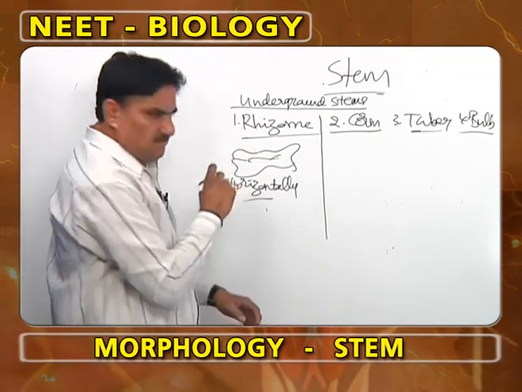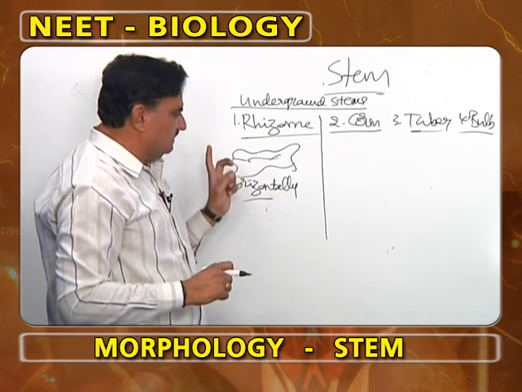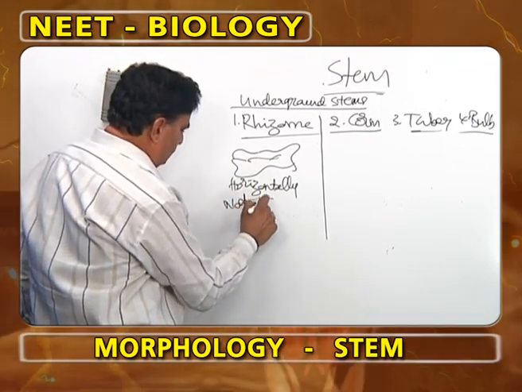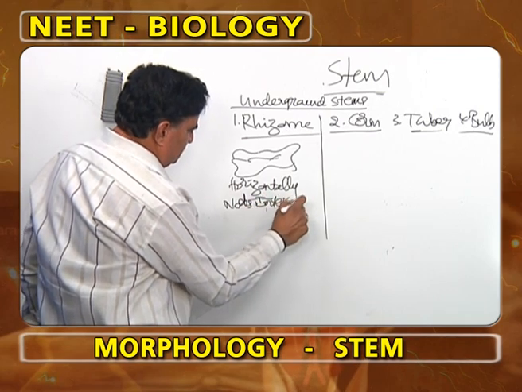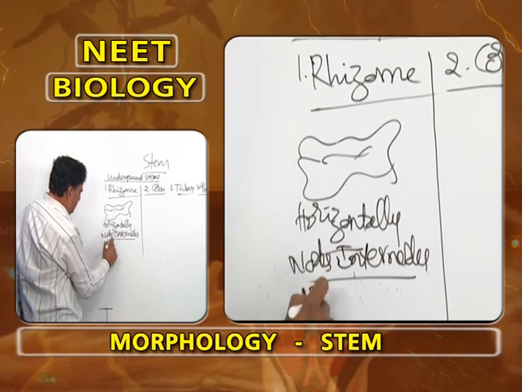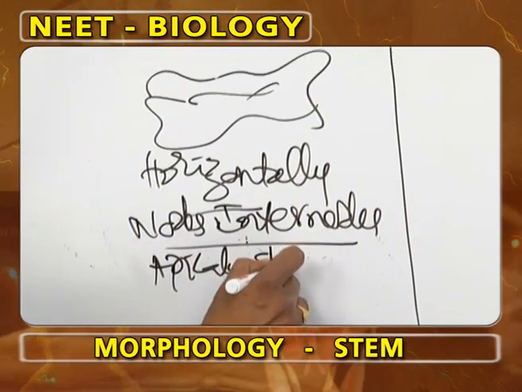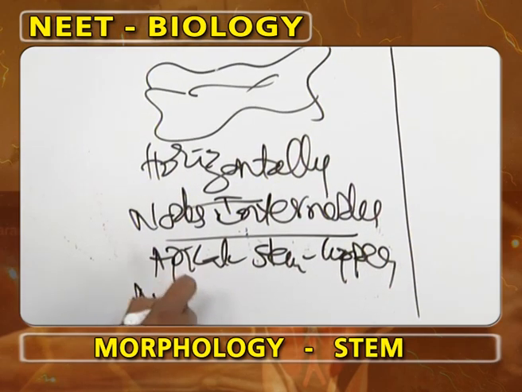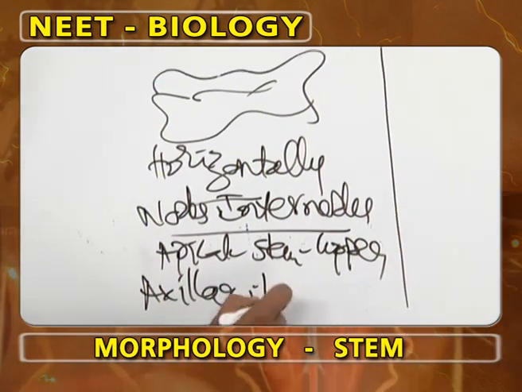So, rhizome grows horizontally in the soil. It is dorsiventrally differentiated. It shows nodes, internodes, scale leaves, apical and axillary buds. The apical bud produces aerial stem on the upper side, that means dorsal side. The axillary buds produce lateral branches.